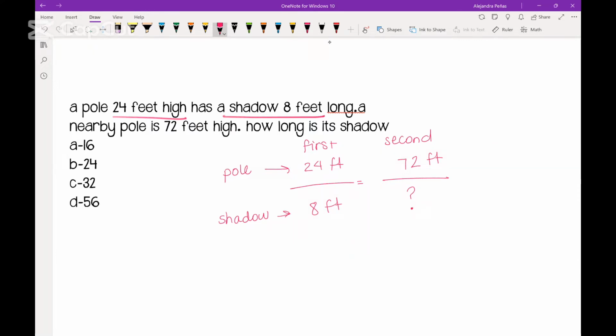So again, proportions, cross multiply and divide. So we're gonna have 72 times 8 divided by 24. So 72 times 8.